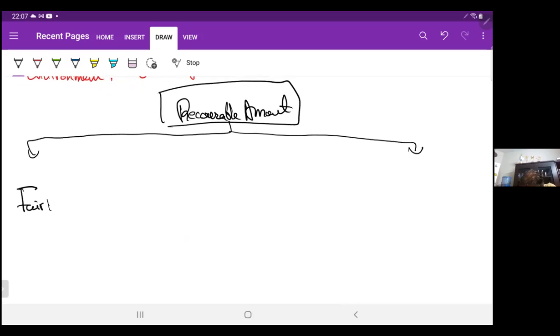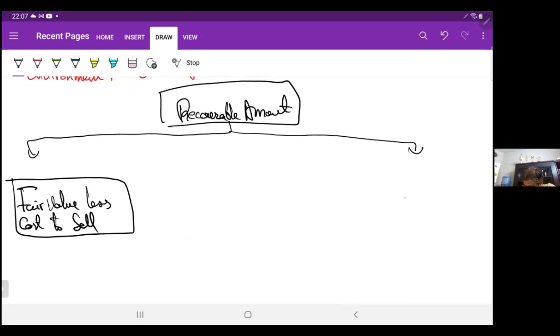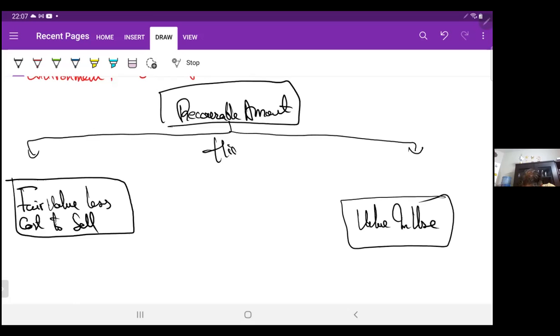Recoverable amount is the higher of fair value less cost to sale or value in use.